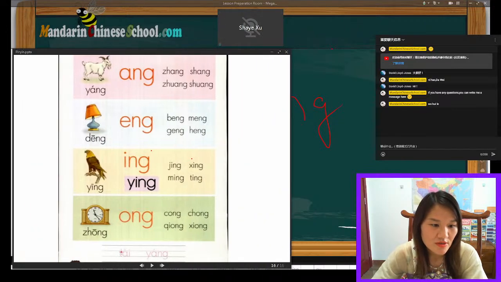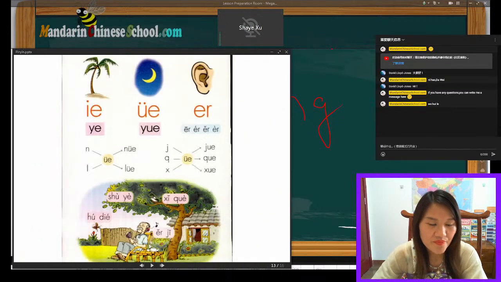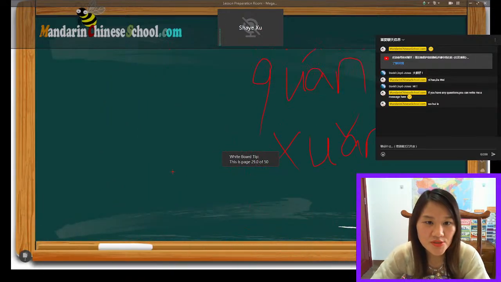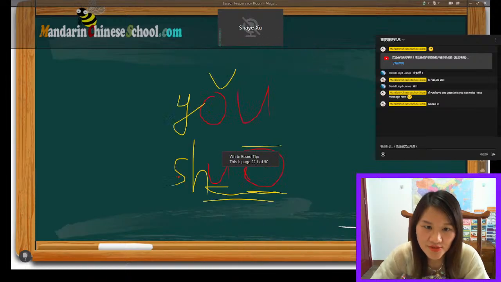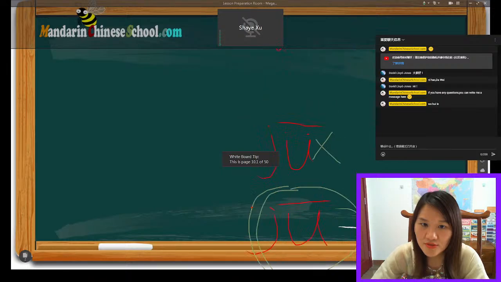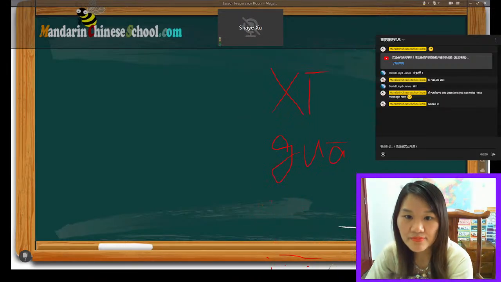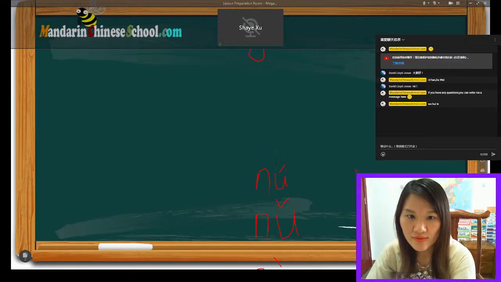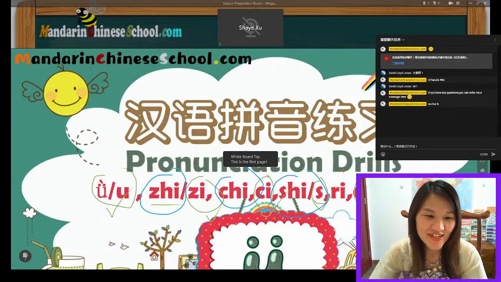So this is from the 中国的 elementary school students in China. They use this book to learn pinyin. I'll show you. 再给你看 page up. Home does not work. Sorry.